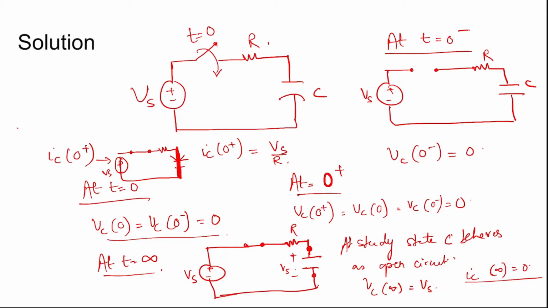I hope the concept is clear, because just after connecting the switch at t equal to 0, the voltage across the capacitor will be the same as it was at t equal to 0 minus, which was 0. So it can be replaced by a short circuit, and the current through the capacitor just after connecting the switch is Vs by R, and at steady state the capacitor becomes open circuited, so the current flowing into it is 0.